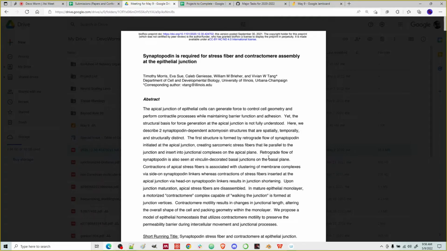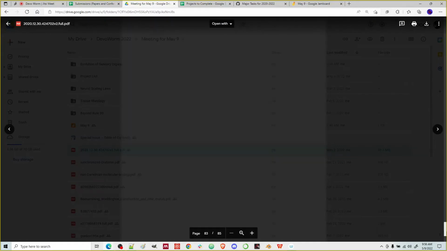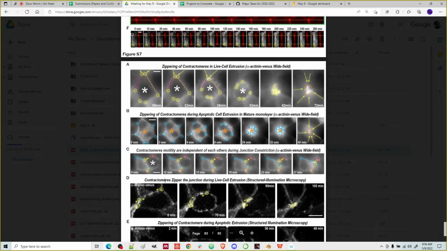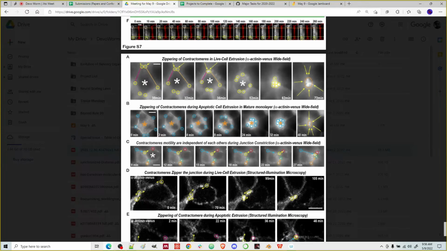If you go to the very end of the paper, they have some pictures of the junctions. Basically, the cells fit together. They're sort of hexagonal or larger. There they are. And at the junctions of the cells, at the corners, you can see where they've pointed out the synaptopodin complexes.